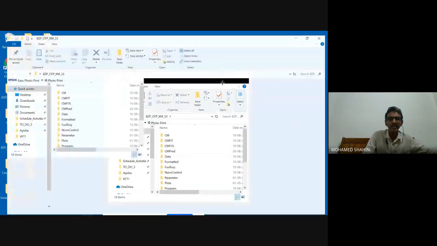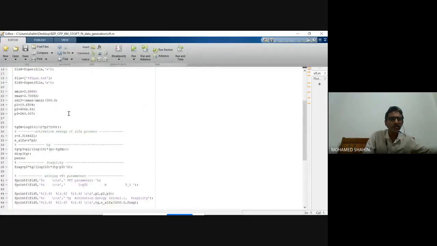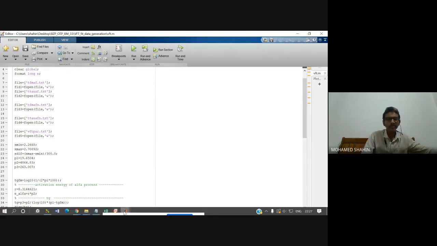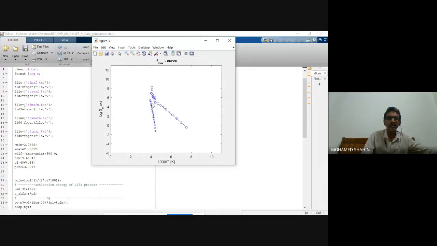So now you can see that VFT data generation. Afzal was asking what this program is all about. Now if you go to this program, you will see that there are some parameters. If you fit the alpha process, 2-3 pieces of information have to be there.